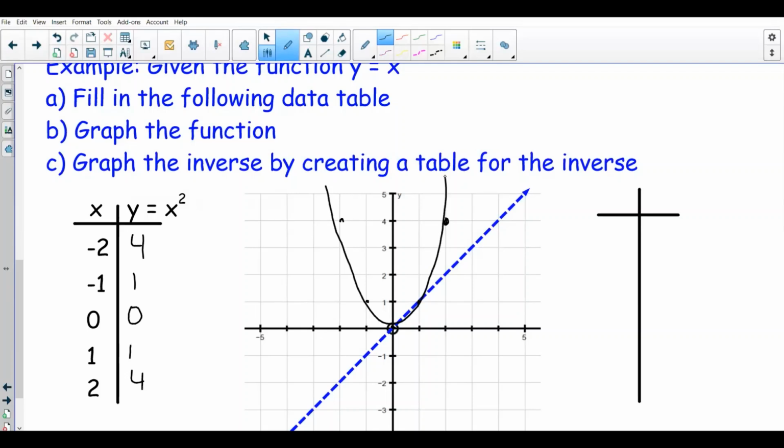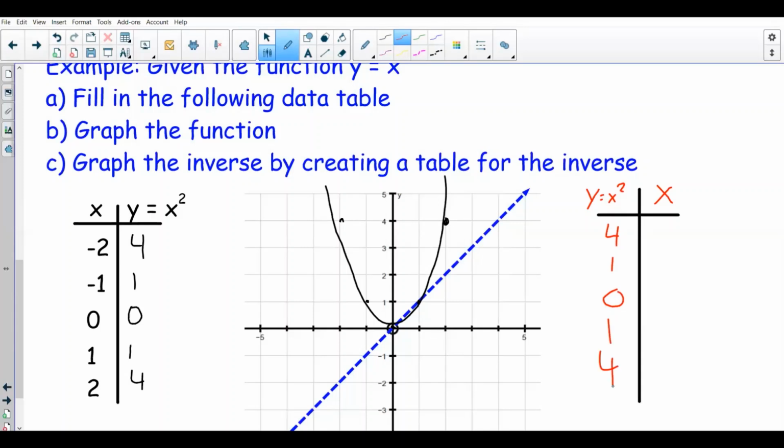So now let's make a table where my x's and my y's switch. So I get 4, 1, 0, 1, 4. It kind of looks weird.